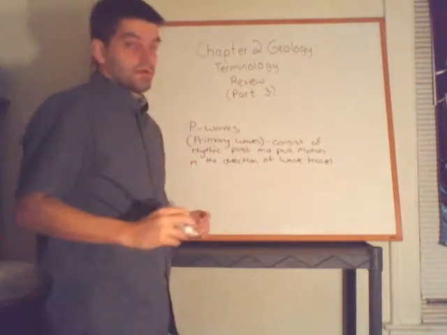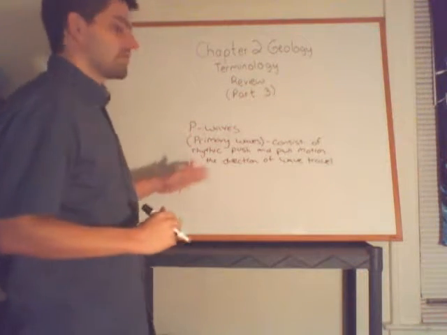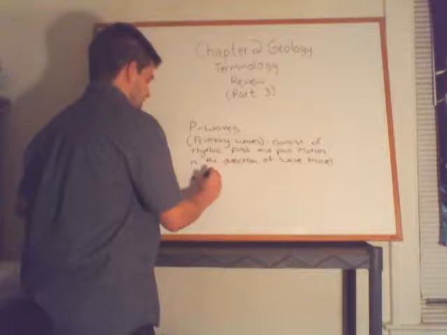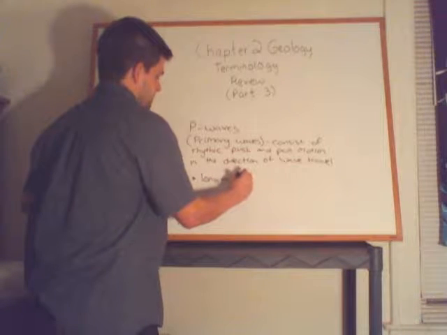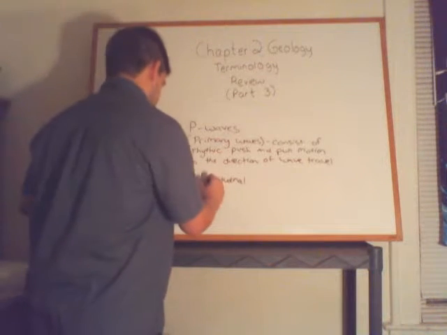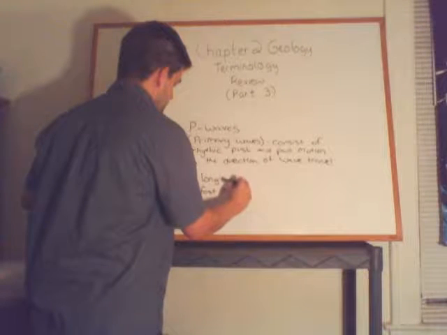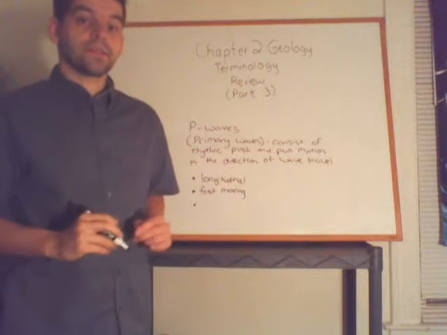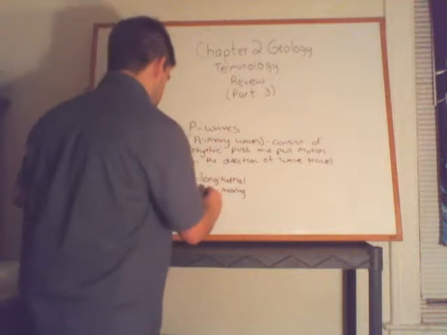Okay, now there are three attributes of P waves that I really want you to understand. And the first is that these are longitudinal. The second is that they are fast moving. And the third, last but definitely not least, is that they can move through both solid and liquid states of matter.